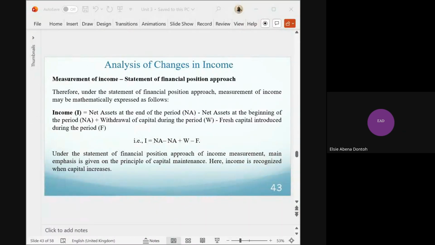So the mathematical computation is net assets at the end of the period minus net assets at the beginning of the period plus withdrawal of capital during the period minus capital introduced during the period.